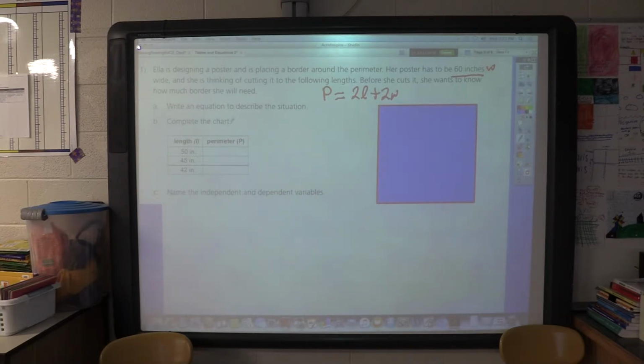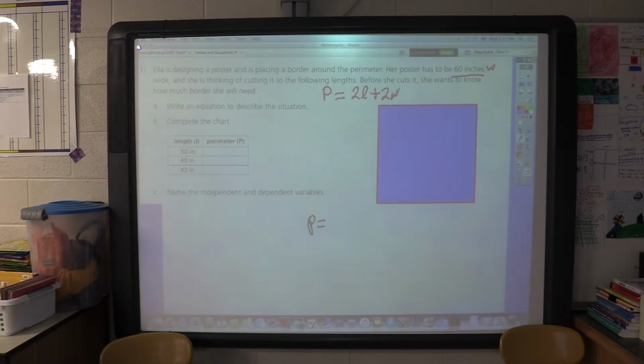And it says complete the chart. So let's say that the length is 50. I'm going to change the color of my ink, and I'm going to come over here, where I have a little more room, and I'm going to say P equals 2L plus 2W. 2L is 2 times length, 2W is 2 times the width.